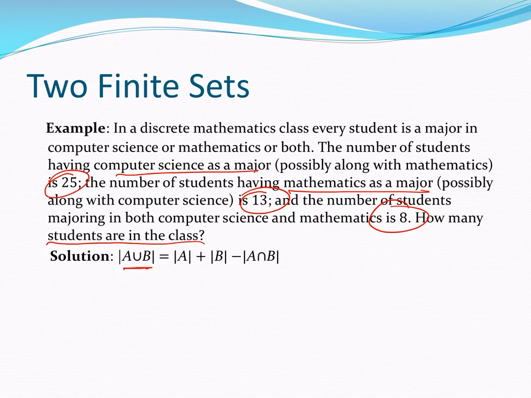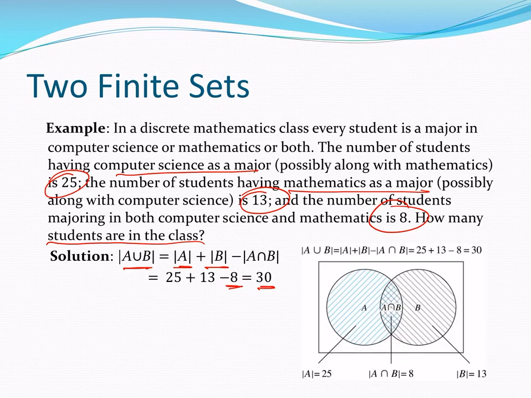So if I want to get that cardinality, I just add up cardinality of the component sets, subtract off the cardinality intersection to get 30 people in the class. All right, and there's the Venn diagram representation of it. Notice that we would have double counted the people in that intersection if we just counted the cardinalities of A and B.